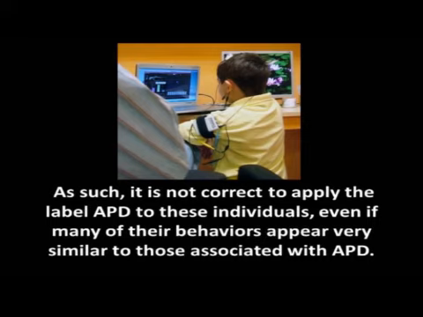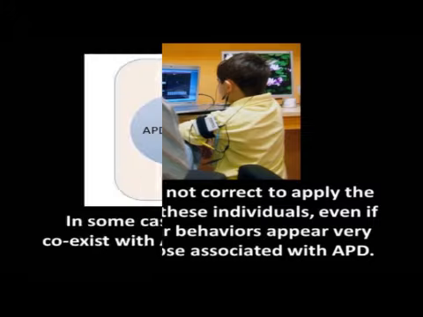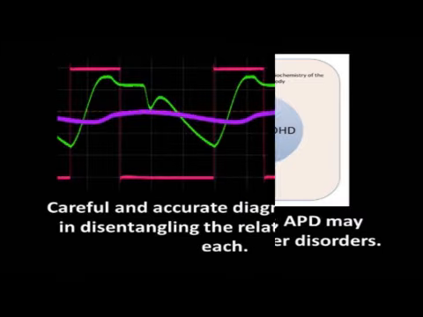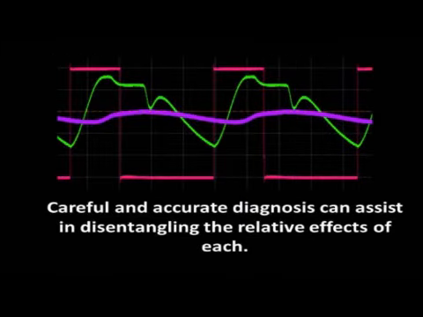As such, it is not correct to apply the label APD to these individuals, even if many of their behaviors appear very similar to those associated with APD. In some cases, however, APD may coexist with ADHD or other disorders. In those cases, only careful and accurate diagnosis can assist in disentangling the relative effects of each.